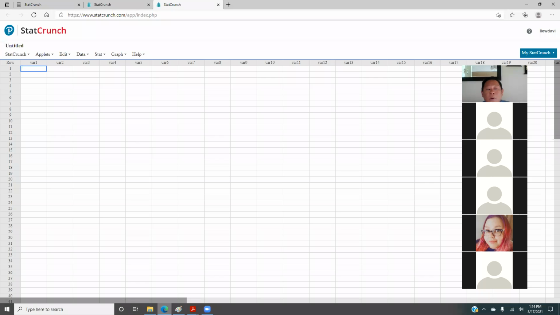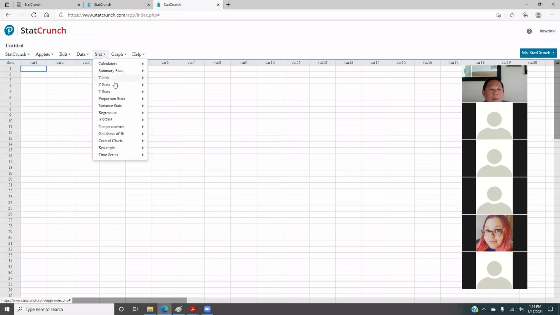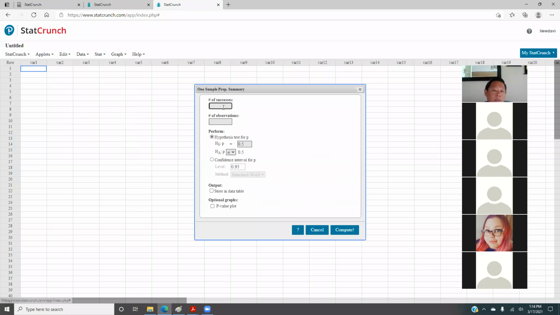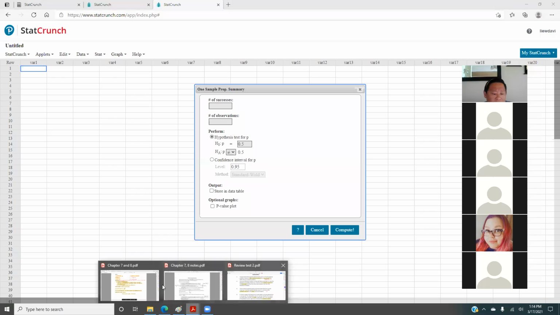So this is the StatCrunch. You go under Stat, you go under Proportion Stats, One Sample with Summary. So this is what you need to do. And if you click on it, they'll ask you for the number of successes. Number of successes means how many people are, in the example, Democrat. I just gave you an example here.